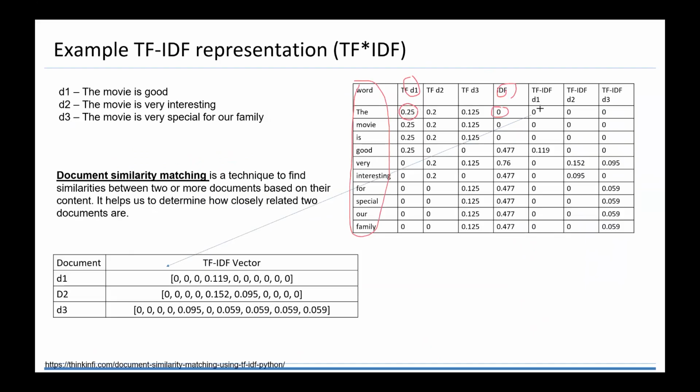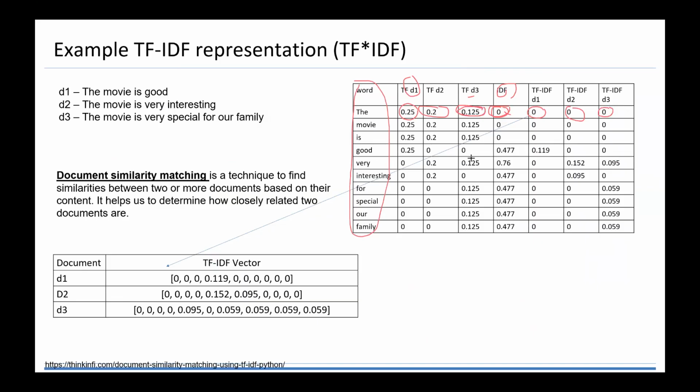So the TF-IDF is 0. I have the value 0.2 and the IDF is 0, so it is 0. In the TF for documentary it is 0.125, multiplied by 0, then it is 0.